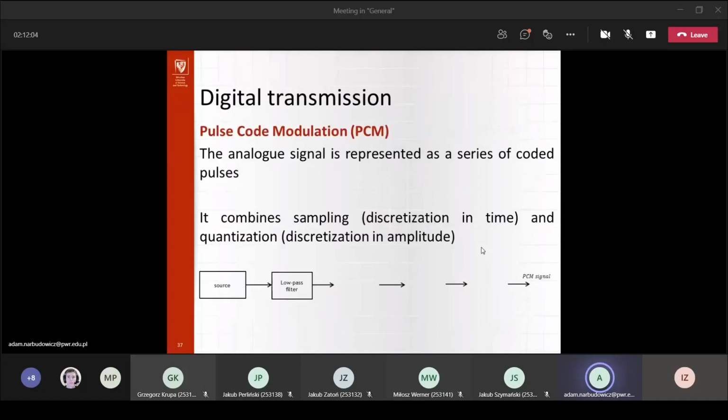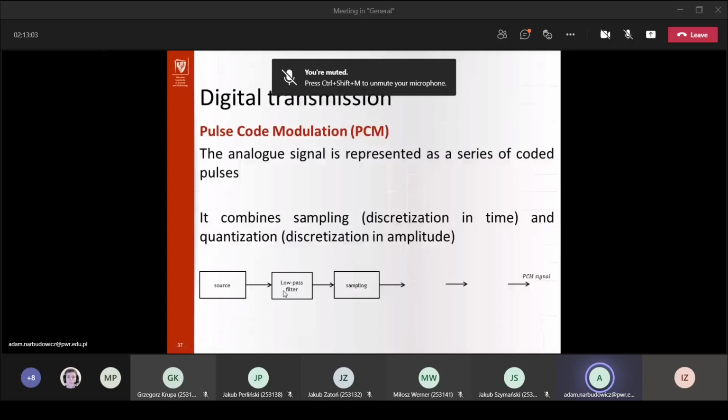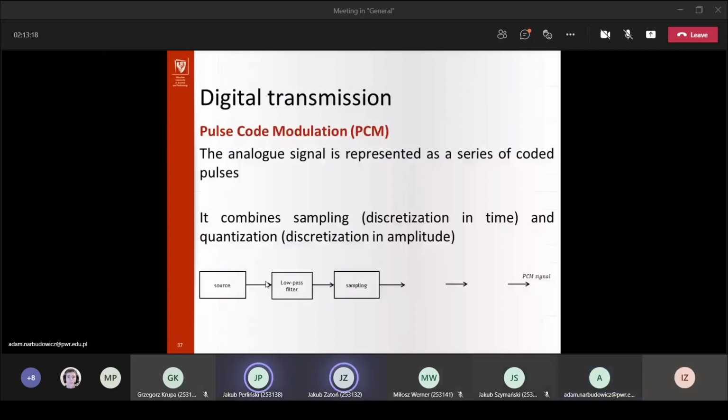So first thing, we apply a low pass filter. What should be the sampling frequency with respect to the upper frequency of our signal? It should be 2 times higher.